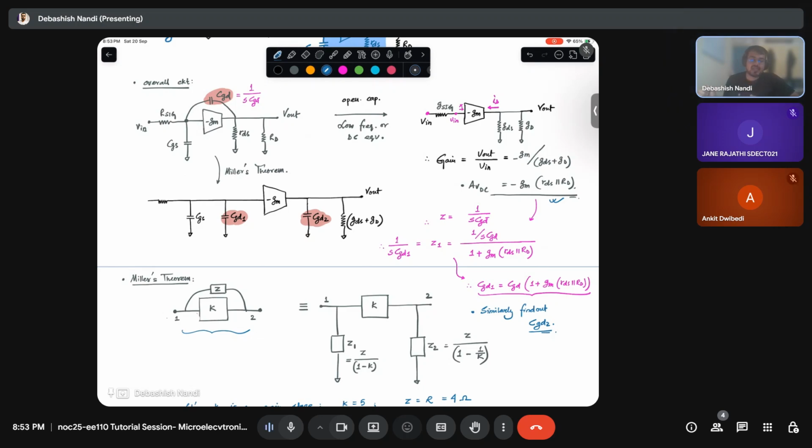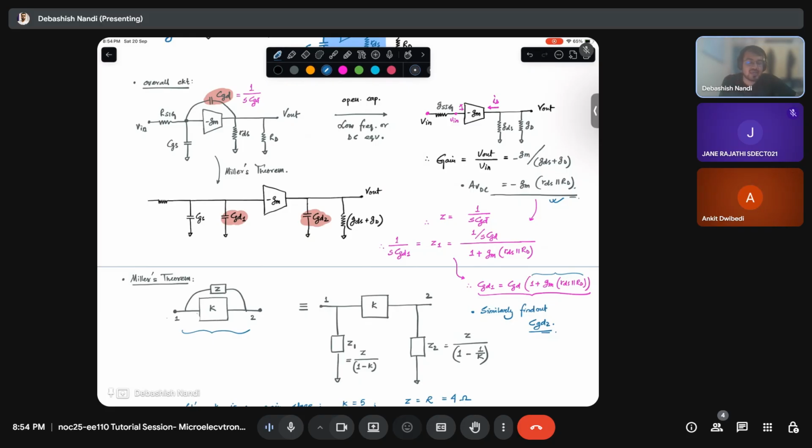So basically what you are doing is opening up the capacitance at the output and putting two different capacitances. So your effective capacitance value is getting increased or decreased.